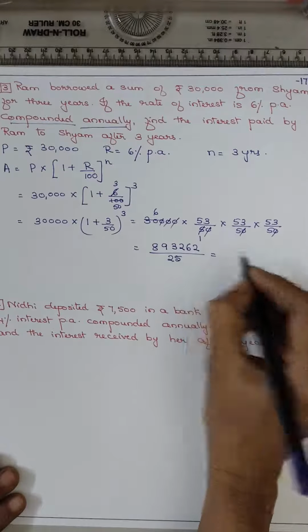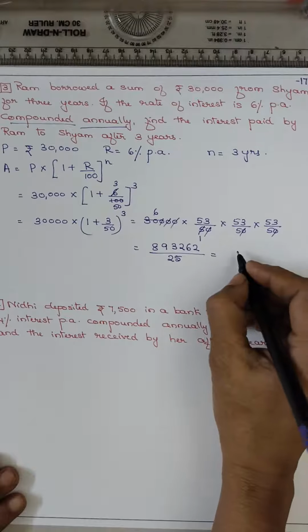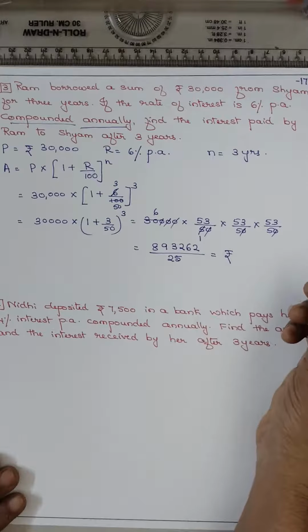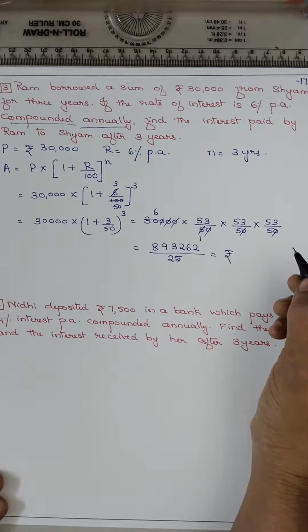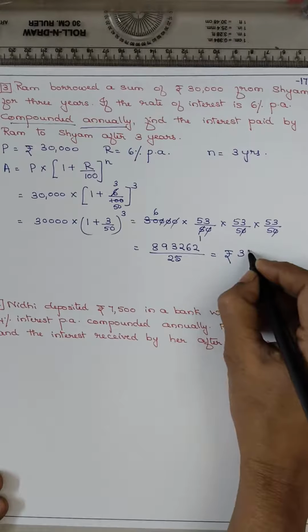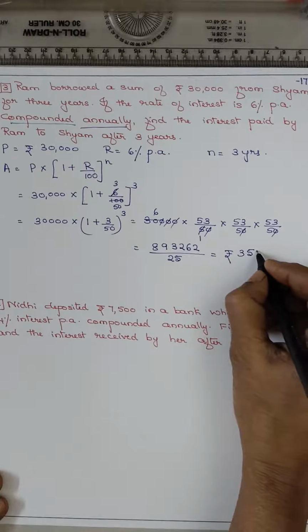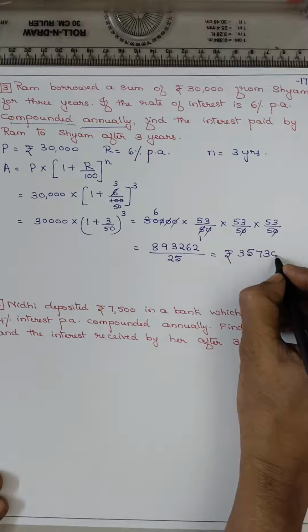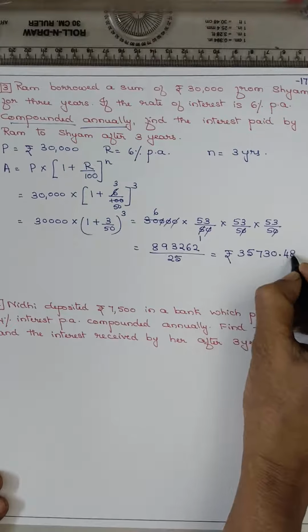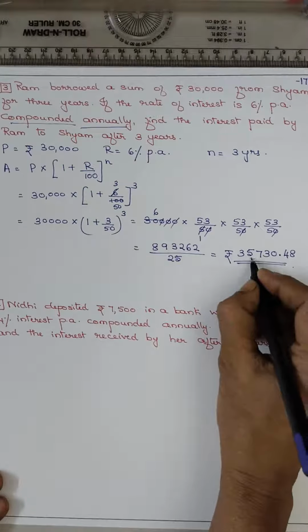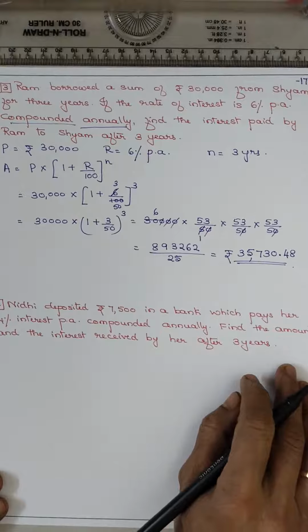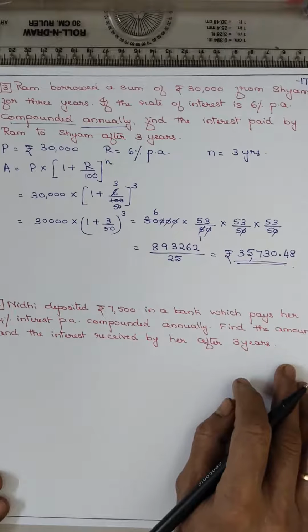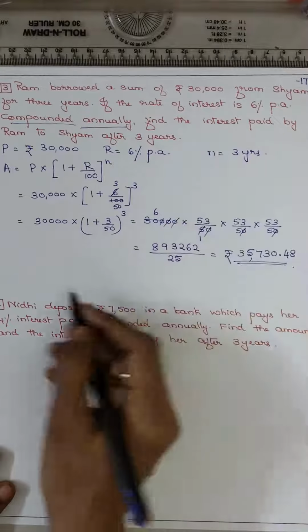Now when you divide, you will get rupees 35,730.48. Long division you have to do. So 35,730.48. Now they have asked find the interest.